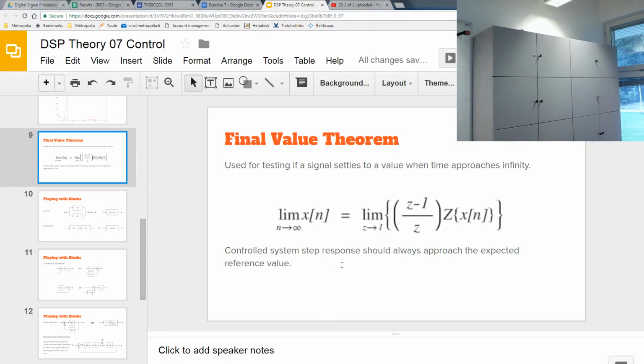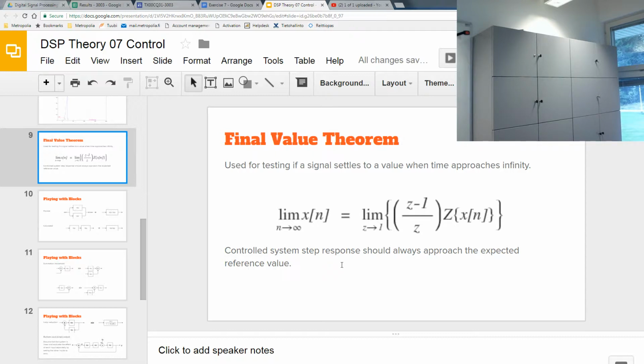Okay, the final value theorem says, it's the same thing. If you want to find the last point, the point where this is going to, z minus 1 or z, and then this is the z transform of this x of n.